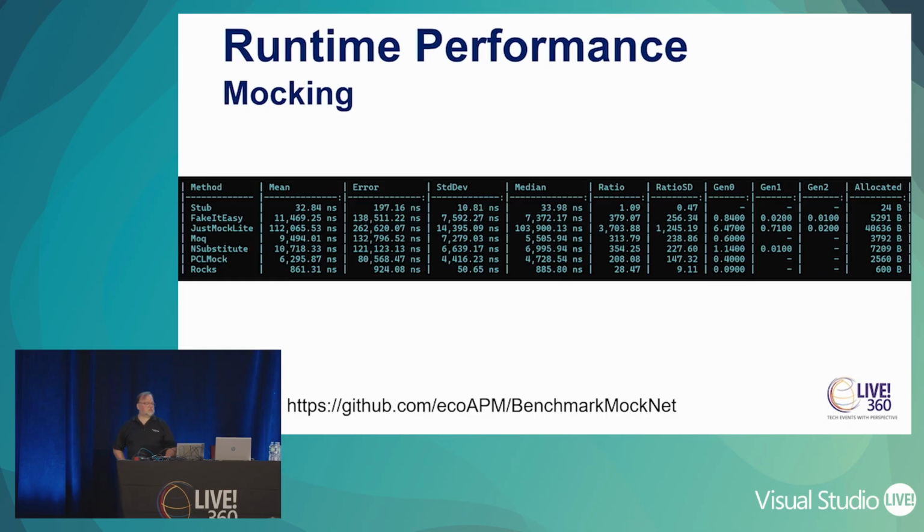Now, it's not the fastest. The stub is the fastest because the stub doesn't do anything. The stub's not actually a mock, it's just a baseline. So, looking at those order of magnitude differences between these frameworks, you can see how that's pretty beneficial. Now, again, mocking frameworks, do I really care if it's that fast or that memory performant? Maybe, maybe not.